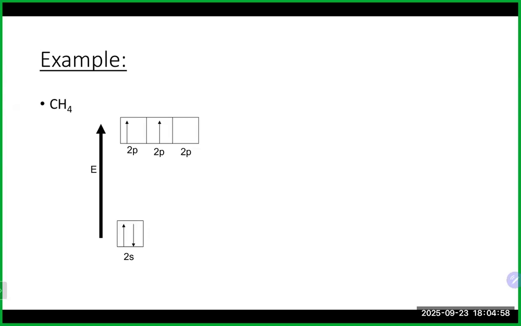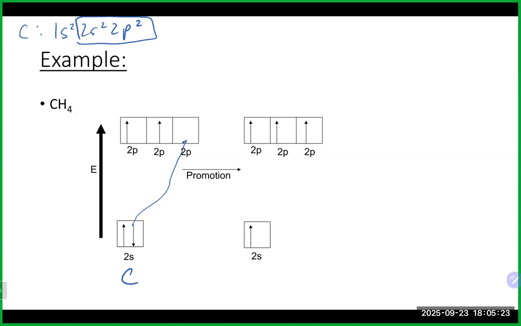And an example of that would be methane, CH4. Again, if we look at carbon, 1s2, 2s2, 2p2, and these are the 4 valence electrons that we see in carbon. Same thing's going to happen here. We're going to promote one of those lower energy electrons up into the higher p orbital. And that's now going to give us basically an electron in each.